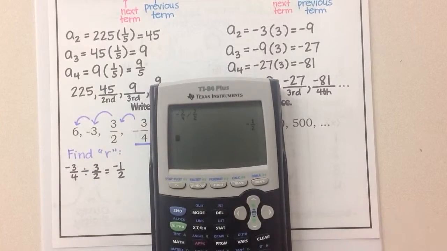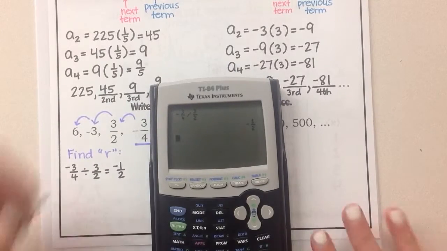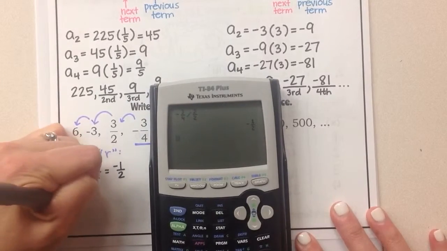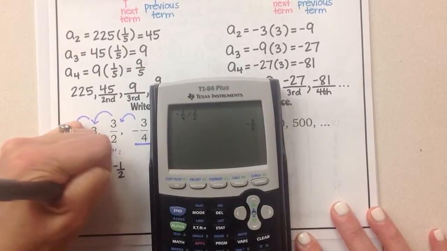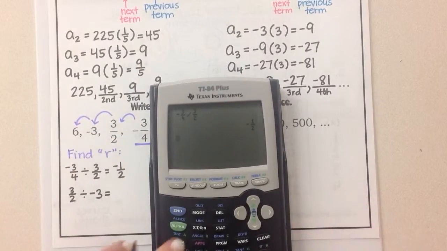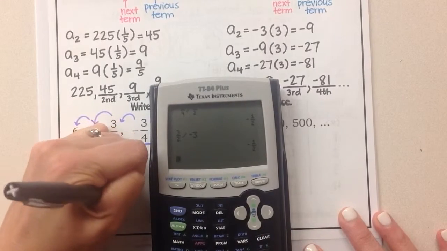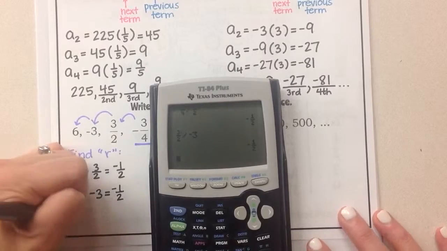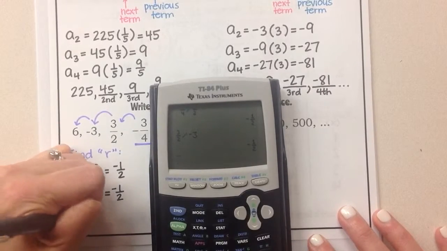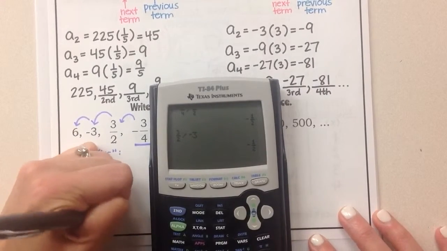All right, well, I'm going to check that that ratio is common all the way through. So I'm going to type in 3 halves divided by -3, and I get -1/2. And I got to check again. I've got one more division. -3 divided by 6.